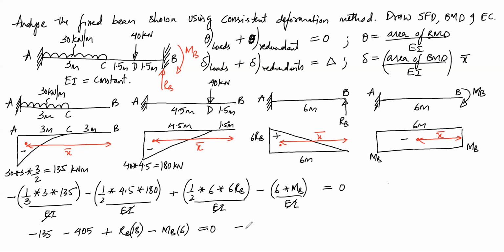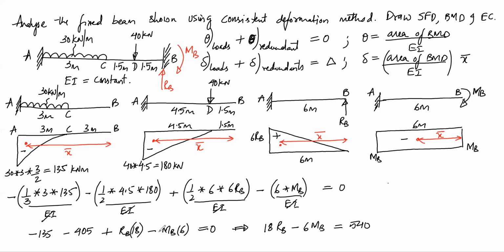Or we can write this equation as 18 RB minus 6 MB is equal to 540.